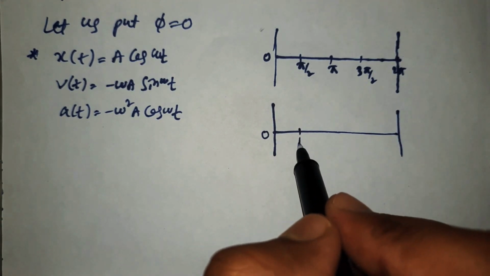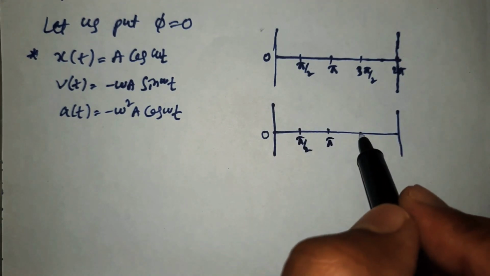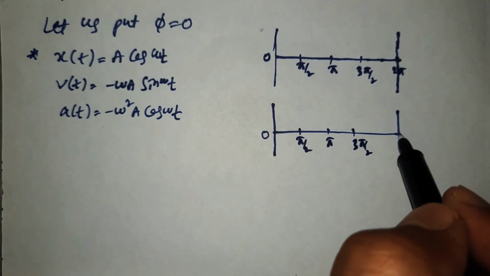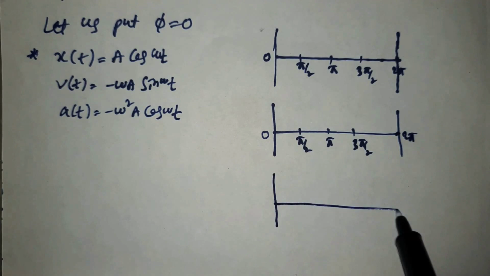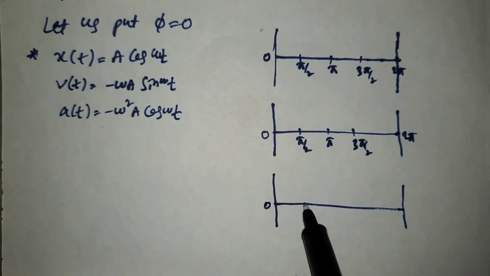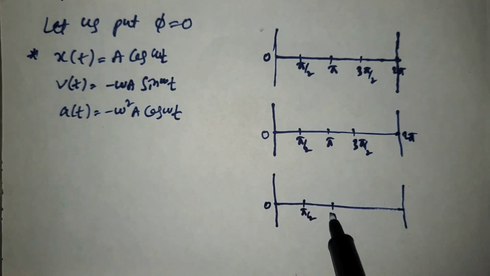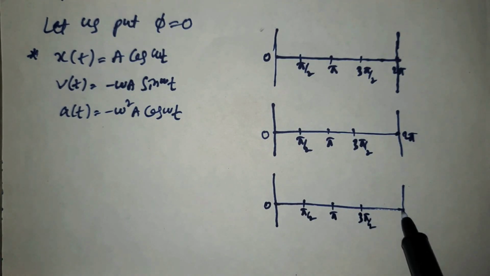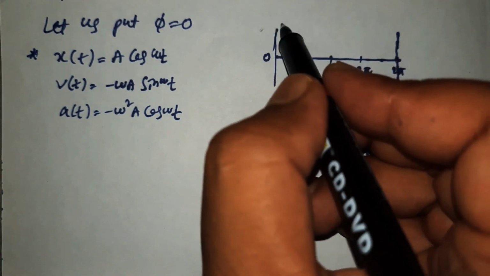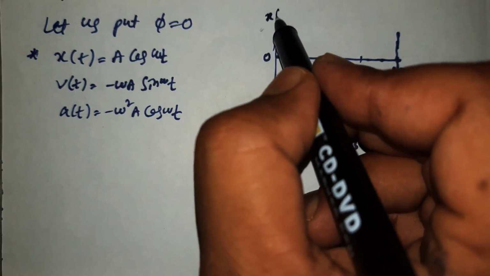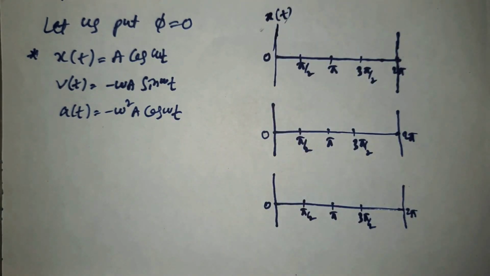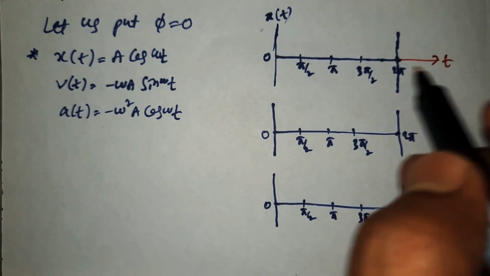Here it is 0, pi by 2, pi, 3 pi by 2, here it is 2 pi. So on the y-axis, here it is x of t, on the x-axis, here it is time t.